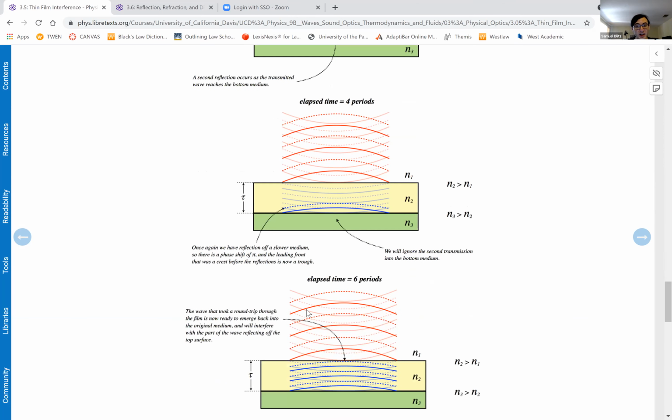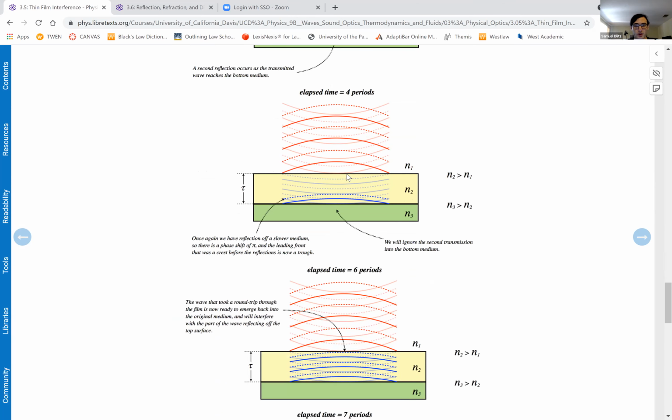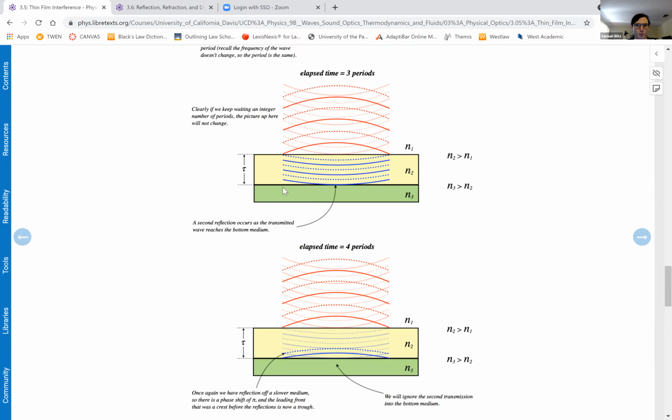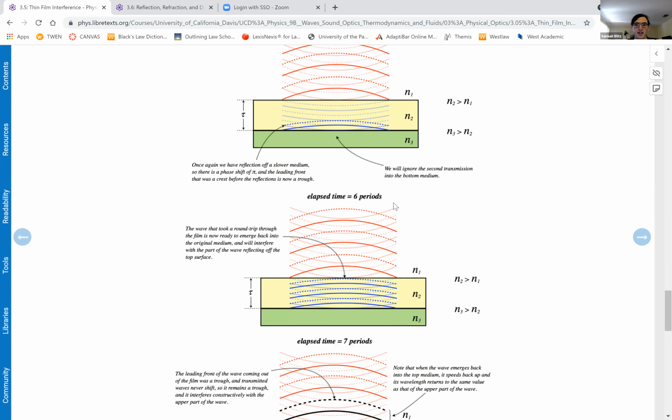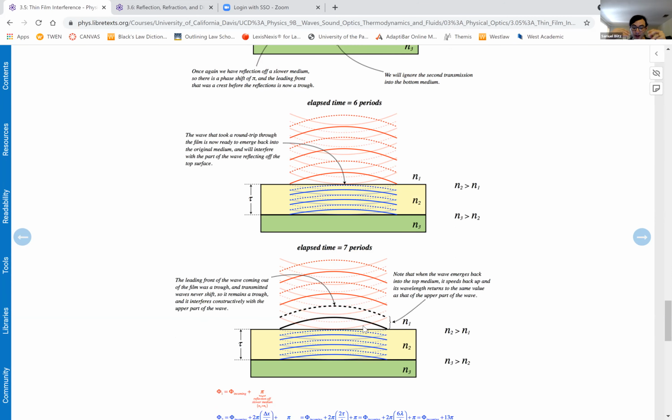Now we just wait another few periods. In this case, we'd have to wait 3 periods. So that was 4 periods because there's 1 more after it was reflected. Waiting another 3 periods would indicate that now the leading trough of the secondary reflected wave is just about to leave at the exact same time that a trough would be reflected from the first interface. So now we can see, and by the way, the wavelength just goes back to what it was after it leaves the interface.